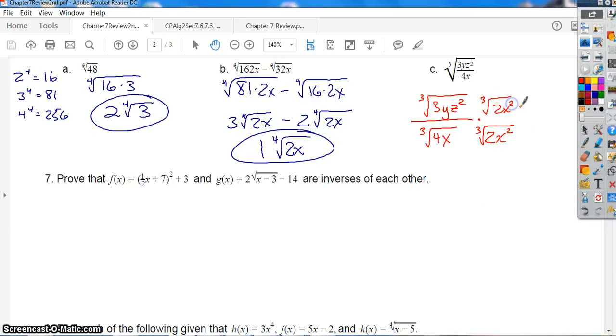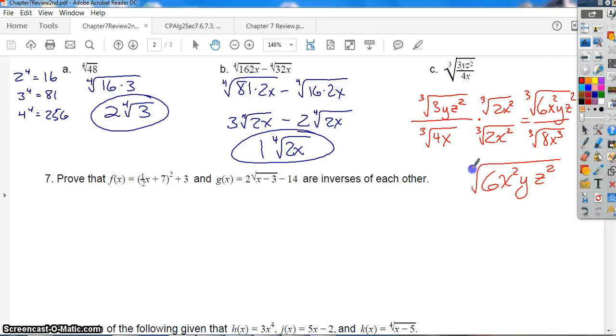So whatever I do to the bottom, I need to do to the top. So up top, I'm going to have the cube root of 6x squared y z squared, all over the cube root of 8x cubed. So to finish this guy, again, nothing in the numerator can be broken down. There are no cube roots there. And this is all over 2x.